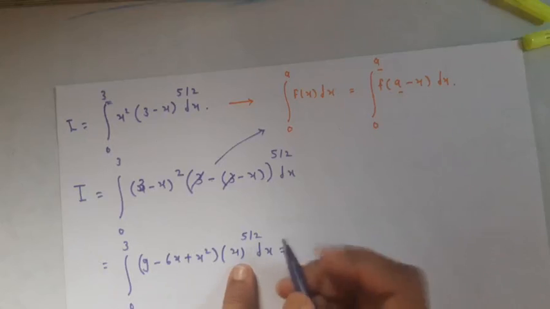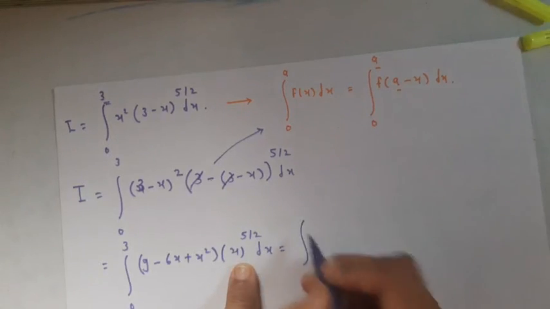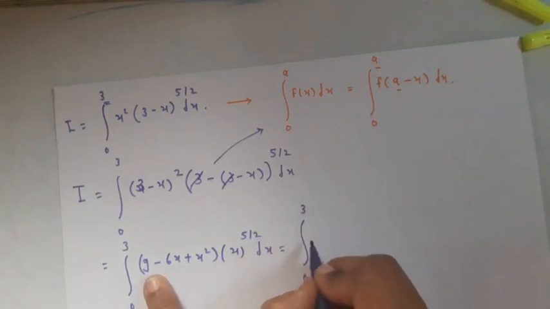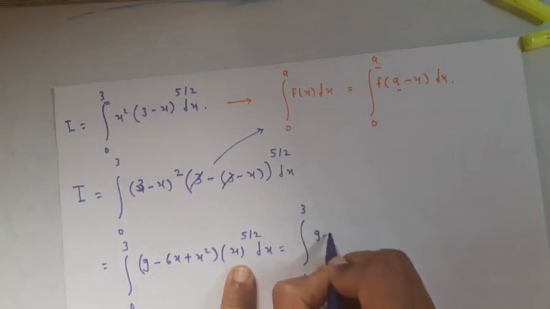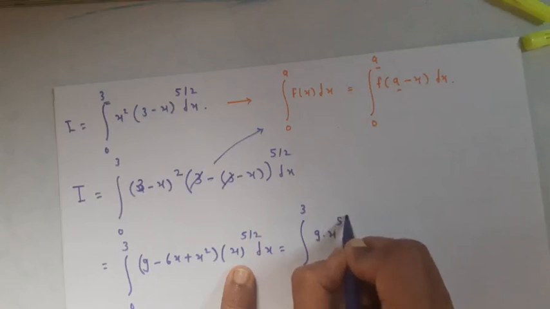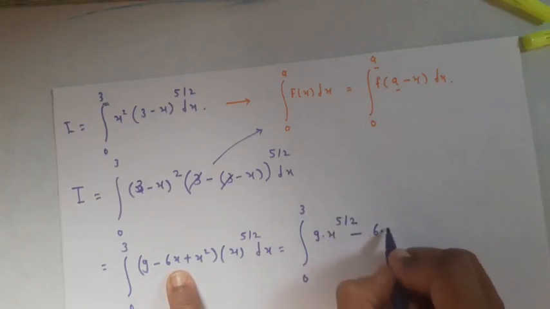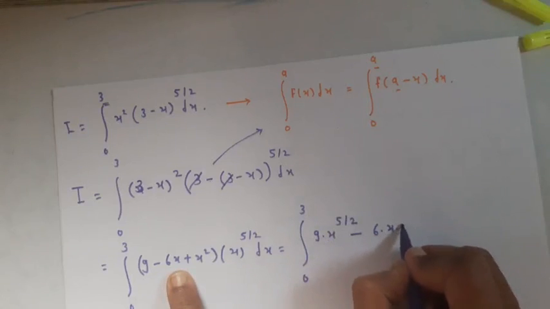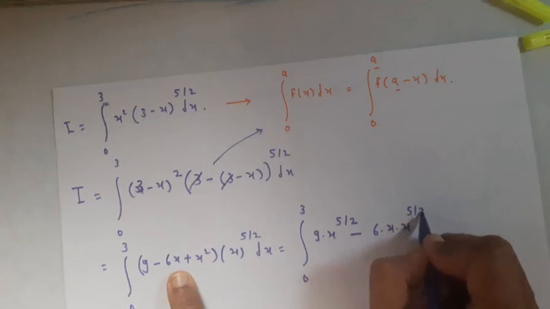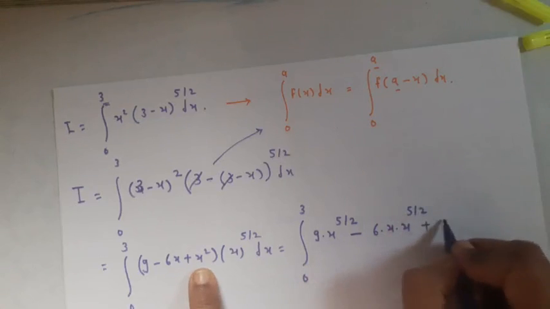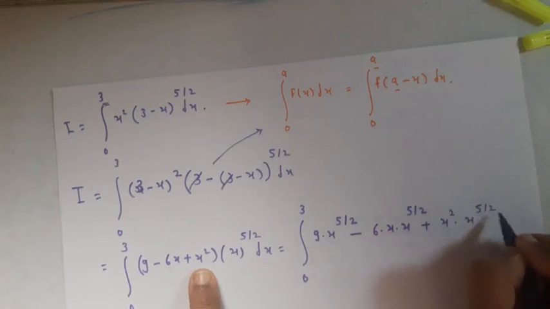Now multiply with x raised to 5 by 2, we will get 0 to 3, 9 x raised to 5 by 2 minus 6 x into x raised to 5 by 2 plus x square into x raised to 5 by 2 whole with respect to x.